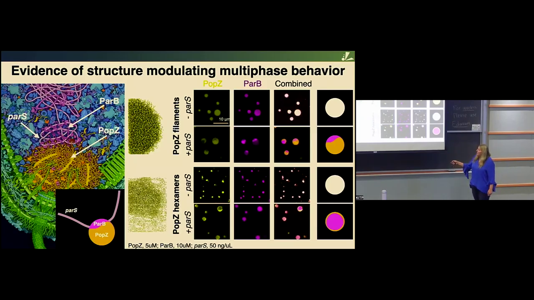So, why do you need the filamentous structure specifically, because you can make condensates, and why is it so conserved in alpha proteobacteria? We looked at this point 30 different POP-Zs from alpha. We purified them, and they all have kind of the same structure. It's because you have to maintain this ability to do the specific multiphasic behavior that you need.